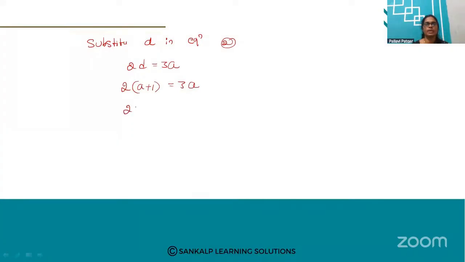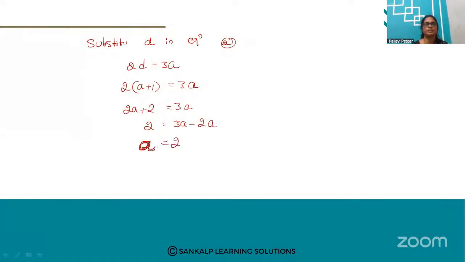So 2A plus 2 is equal to 3A. So 2 is equal to 3A minus 2A. So left side ಬರೀತಾನೆ 3A minus 2A is equal to A is equal to 2 ಆಗುತ್ತೆ.